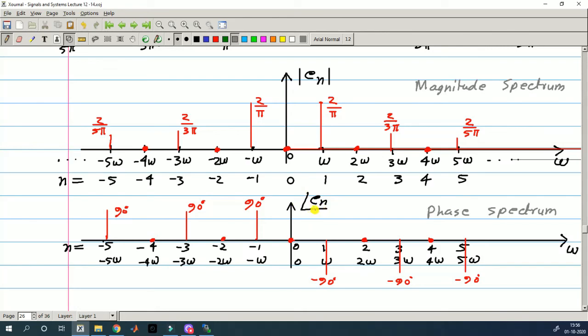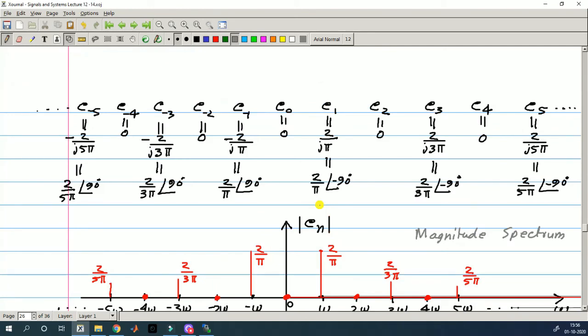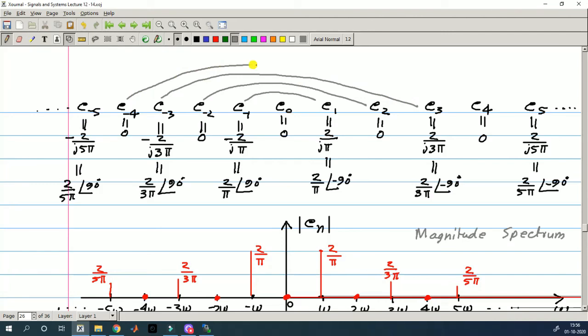Now one thing we know is that these coefficients occur as complex conjugate pairs like this. C minus 4 is the complex conjugate of C plus 4 and so on. Therefore, the magnitude of say C minus K will be the same as the magnitude of C plus K. Like the magnitude of C minus 3 is the same as the magnitude of C plus 3.